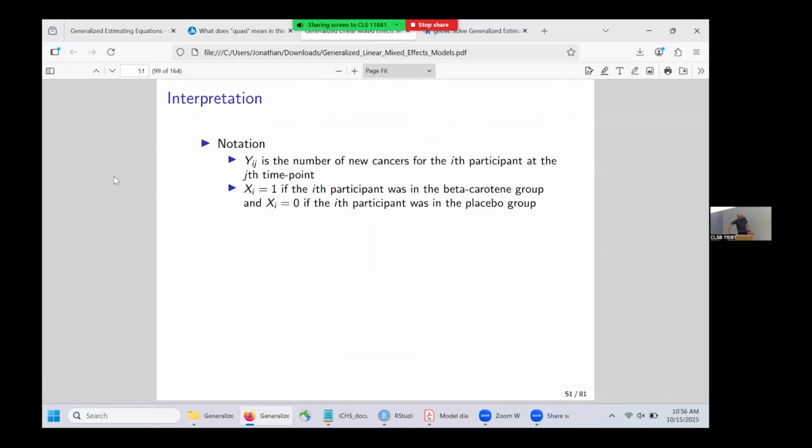I can talk about interpretation if there's interest, but if people would rather go about their merry way, we don't have to talk about that. So maybe, I don't have a poll question for this, but if you're interested in revisiting interpretation of coefficients for mixed effects models, maybe just put in the chat that you are, and we can see if anyone's interested.